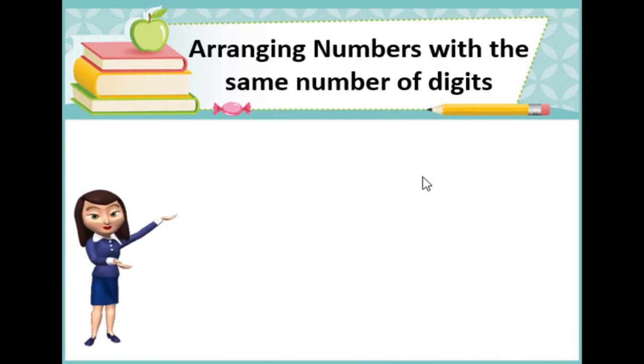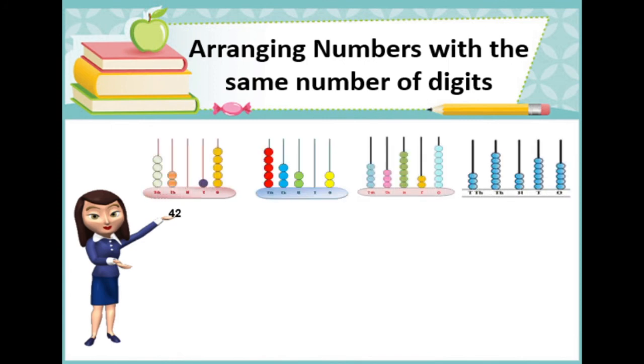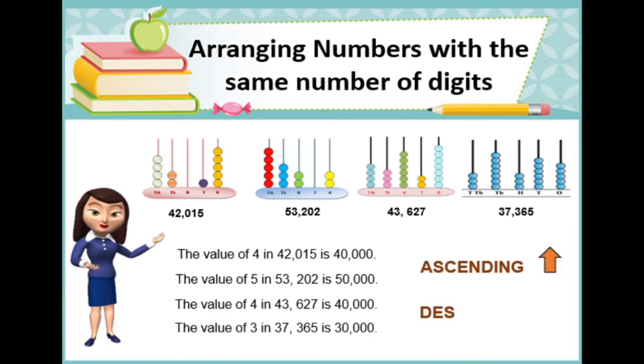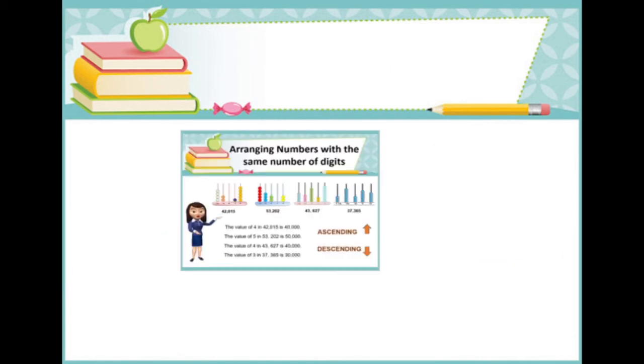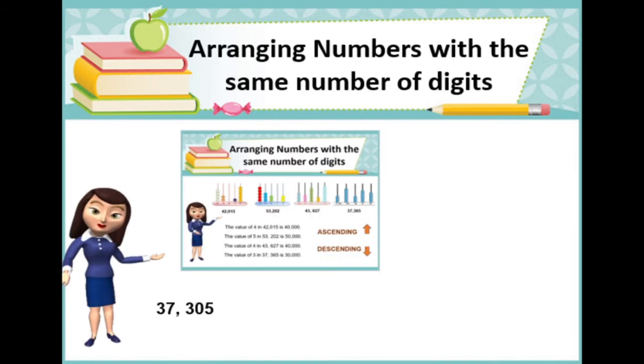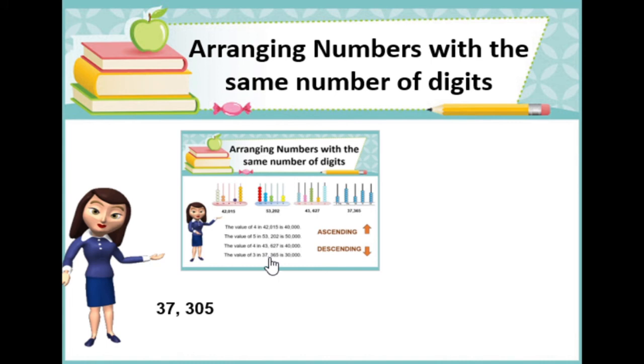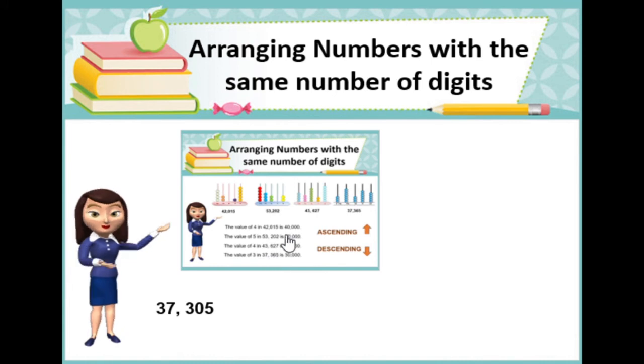Example. Looking at these, the smallest value of the first digit is 30,000.